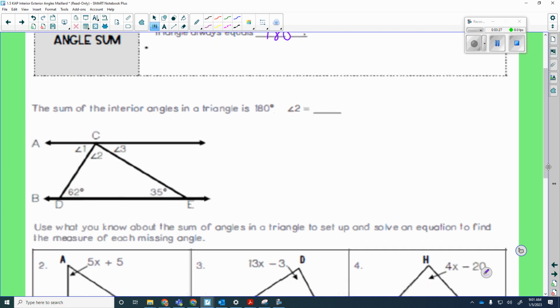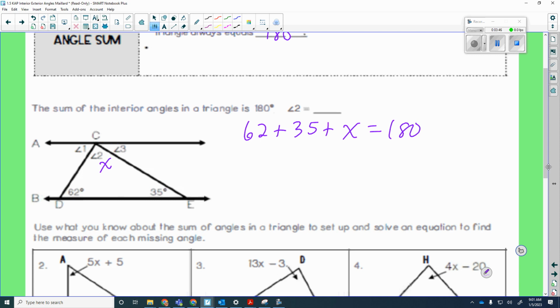They want to know what is angle 2. So what would be the equation that we would do? Plus, we'll just call that x because we don't know it, equals 180. Then what?